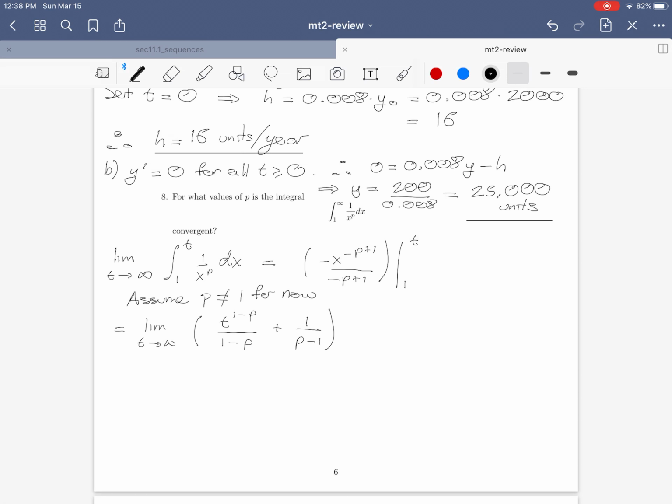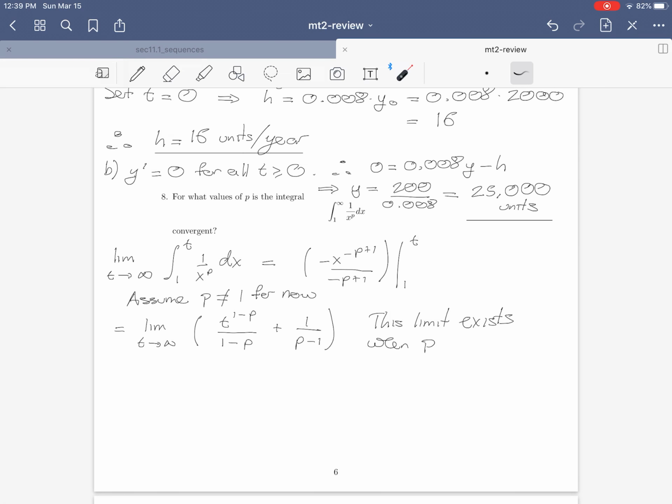Now, to determine whether or not the integral converges, we just ask whether or not this limit exists. Well, the exponent of t here is 1 minus p, and we're taking the limit as t tends to infinity.